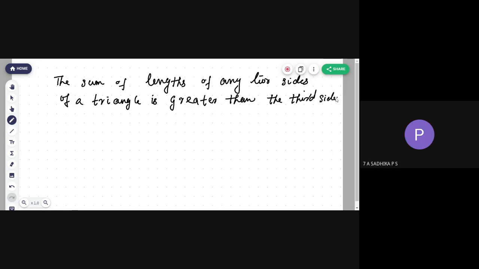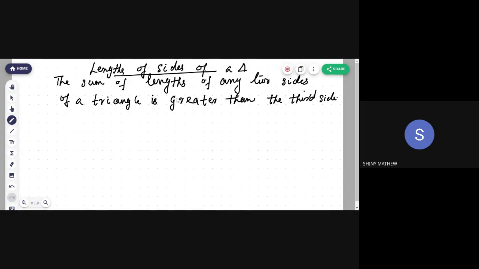Already we have given that title. In page number 124, you can see the heading: Lengths of sides of a triangle.